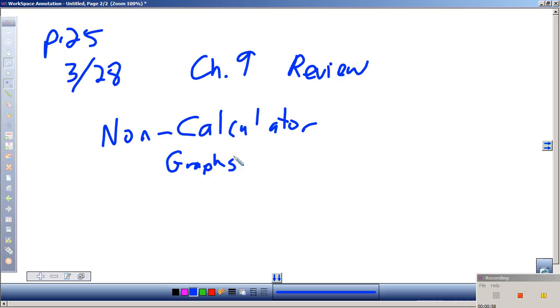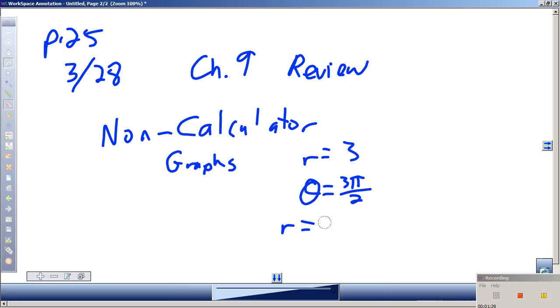Now I'm not sure if I'm actually going to do that. It would be something relatively simple, like maybe r equals 3, or theta equals 3 pi over 2, or maybe even a little bit more complicated, r equals cosine, or r equals say 2 cosine of theta.